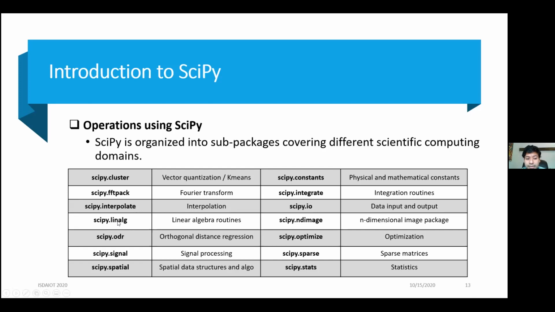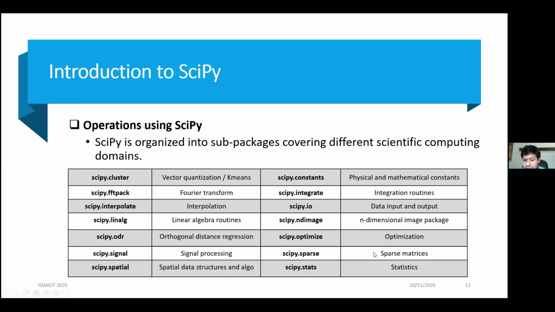Then the linear algebra routines are there. Some others are ODR, which is orthogonal distance regression. scipy.signal is for signal processing, and scipy.spatial is for handling spatial data structures. Another important one is ndimage. Those of you who work on image processing, this will be important. Then there is optimize for optimization.